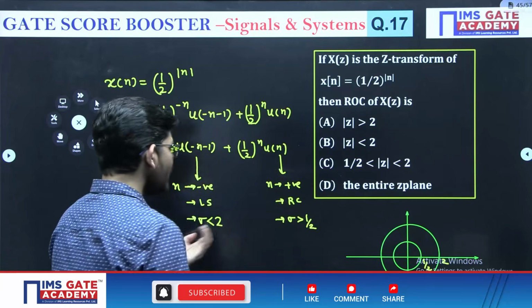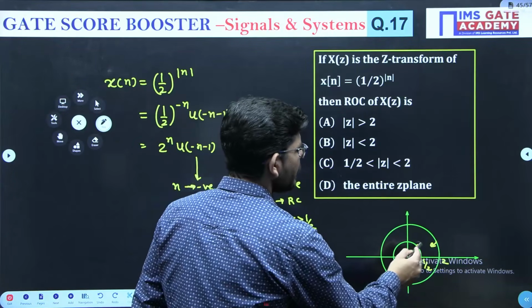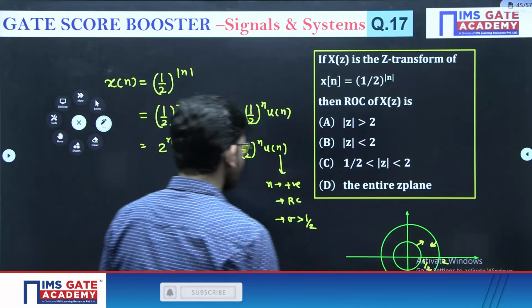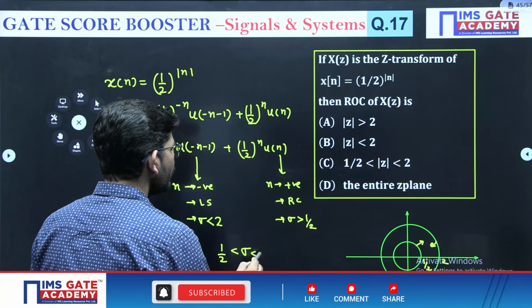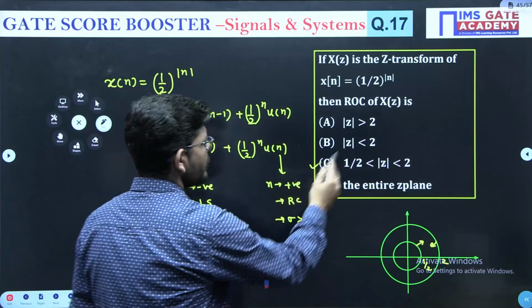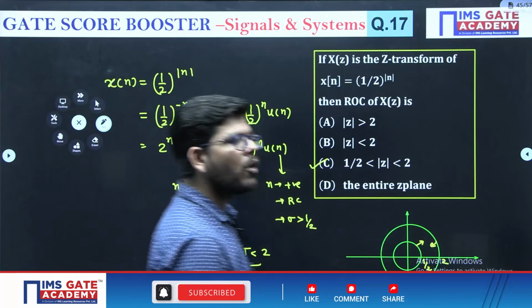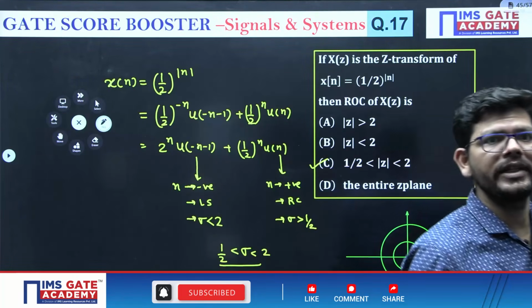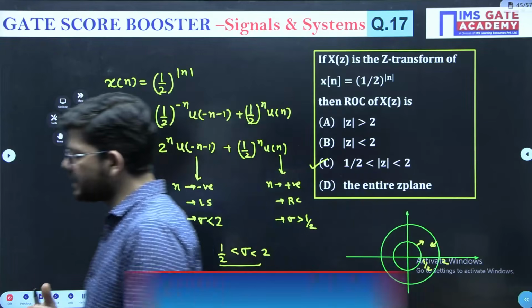Now see, less than 2 and greater than 1 by 2, so you will get a strip. So what will be the ROC? Sigma greater than 1 by 2 and less than 2. This will be the ROC, so this will be the right answer. Correct. Modulus is a very important thing. You will certainly get something related to modulus in signals, and this is how modulus has to be treated.